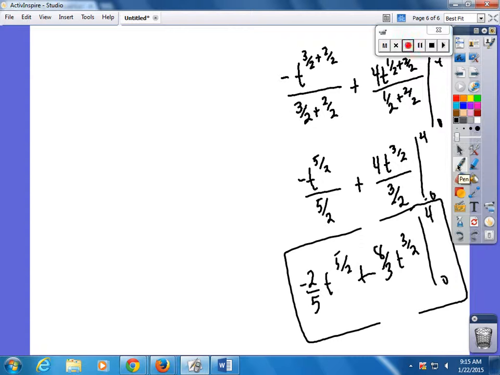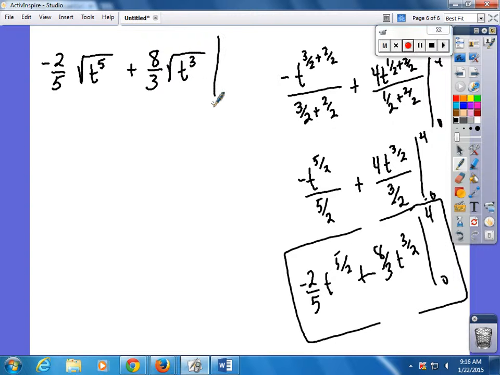So, negative 2/5, and I'm going to go ahead and change this. Exponent over index, so that's the square root of t to the 5th, plus 8/3, and that is exponent over index of the square root of t cubed, evaluated at 0 and 4.